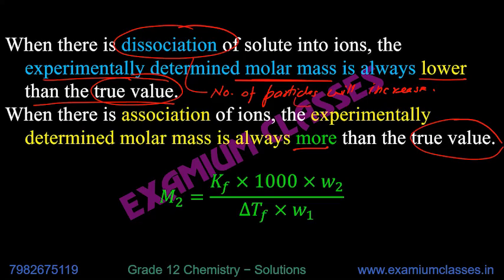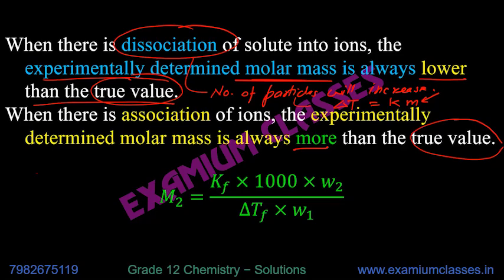Means delta T is equal to Km. I'm not writing delta Tf or Kf. I'm saying in general, if it is for freezing, it will be delta Tf and Kf. If it is boiling, it will be delta Tb, Kb. And molality will depend on the number of moles, means number of moles increased. Number of moles means number of particles.